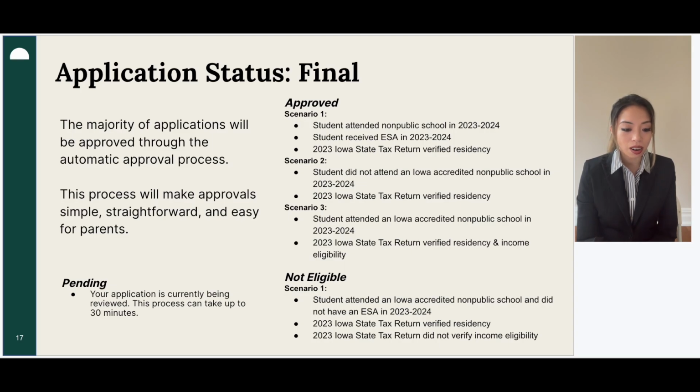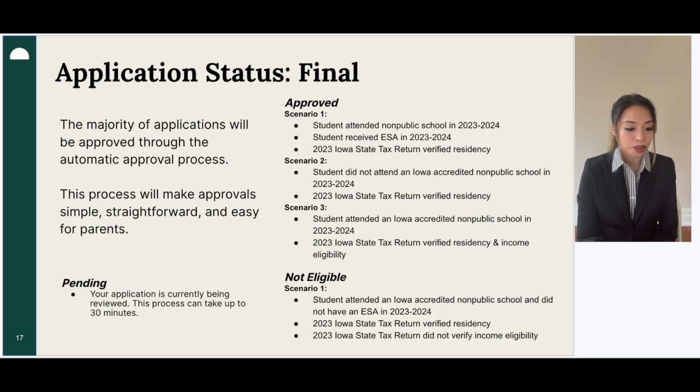Therefore, the parents and guardians would receive an approved status for this particular student. Another scenario would be that the student did not attend an Iowa accredited non-public school in 2023 to 2024. The 2023 Iowa state tax return verified residency. Therefore, the parents and guardians would receive an approved status for that particular student.